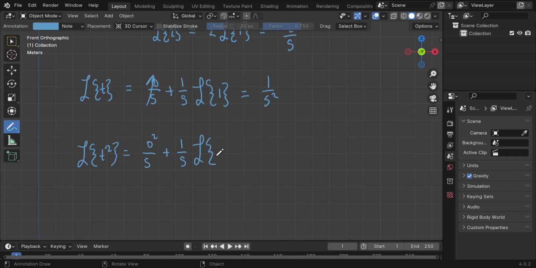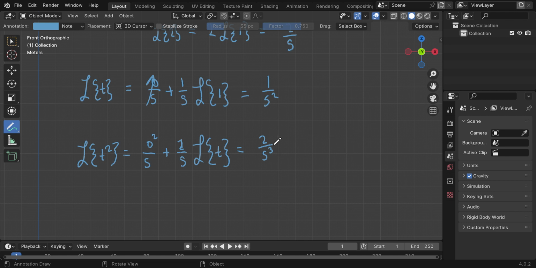Well, that's 2t. I'm going to factor out the 2, and I'll just leave the t. And then we have 2 over s times the Laplace transform of t, which we found out is 1 over s squared. So that turns out to be 2 over s to the third.